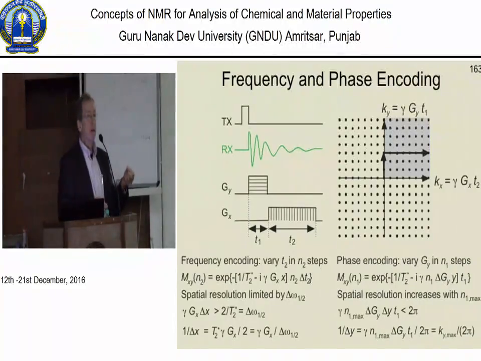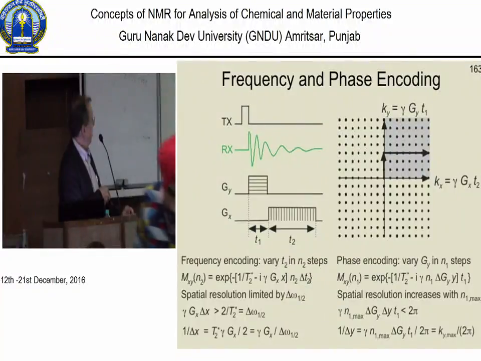The integral is the wave number, ky. So step by step, when we repeat that, we vary ky. And here, when we acquire the signal, kx increases automatically with time. It's always the integral of the gradient until the moment of time when we acquire one data point.